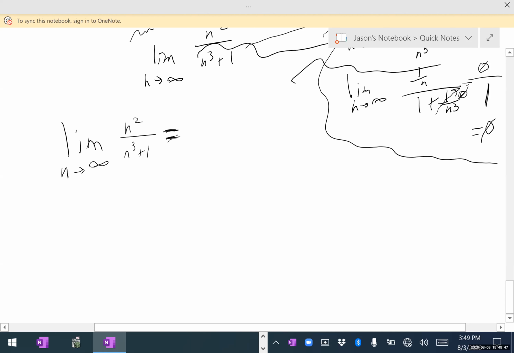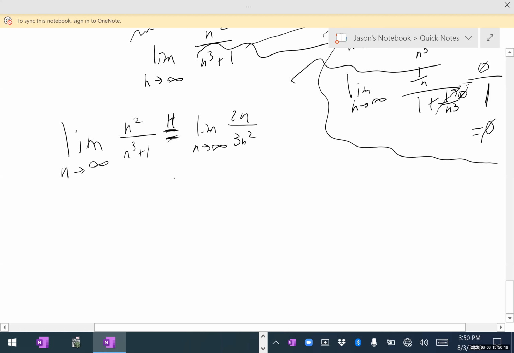So anyway, the limit as n goes to infinity of n squared over n cubed plus 1. Let's do L'Hopital's rule. We've got to put the little h there. Don't forget the h, because this is not an algebraic operation, it's a differential operation. So that's the limit as n goes to infinity of 2n over 3n squared.